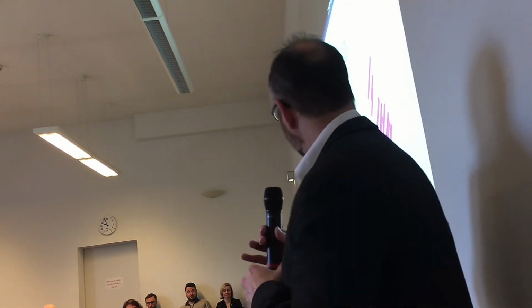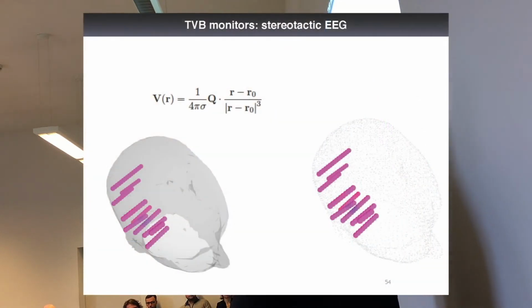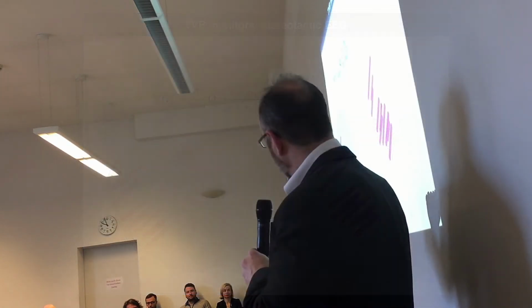And finally, we have the stereotaxic EEG, which indicates the location of electrode points by implanting needle electrodes that measure the activity around those needles. You'll see examples of that later on, I think.